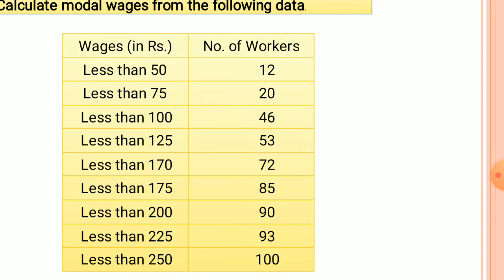So this is the way in which we can convert less than cumulative frequency into an ordinary frequency distribution.